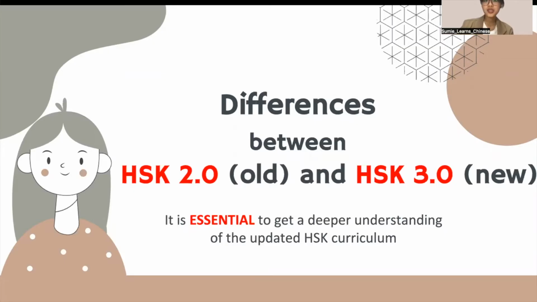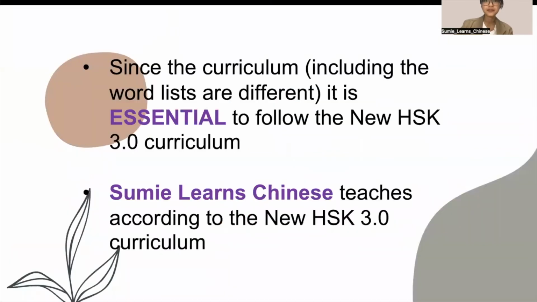As we all know, there are a lot of differences between HSK 2.0 and HSK 3.0. So it is very essential for all of us to get a deeper understanding of the updated HSK curriculum. Since the curriculum, including the word list, is totally different, you cannot apply what you have learned in the past.